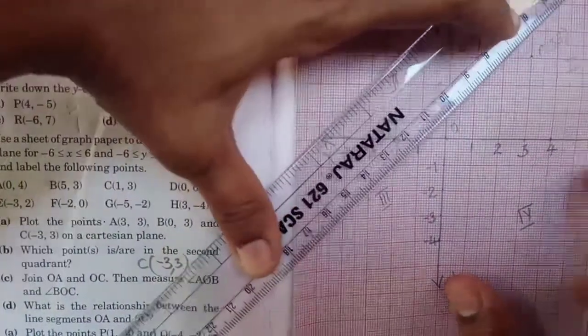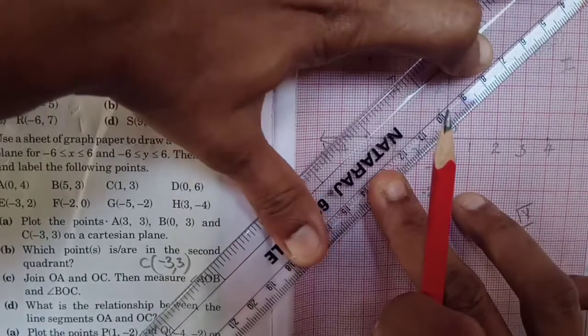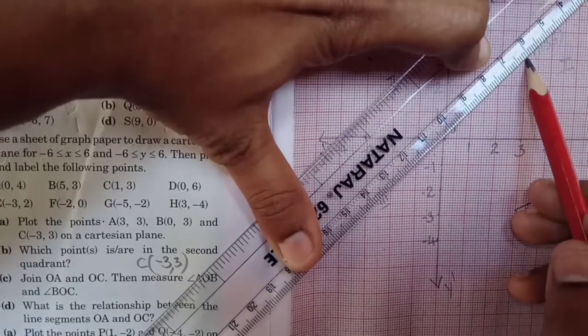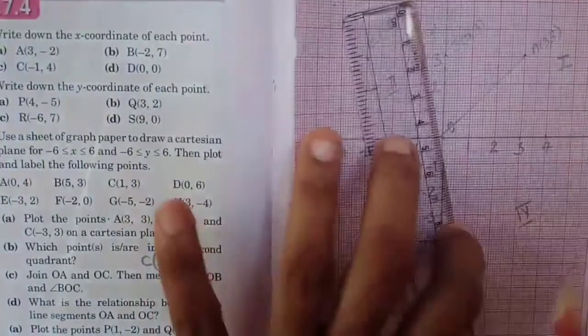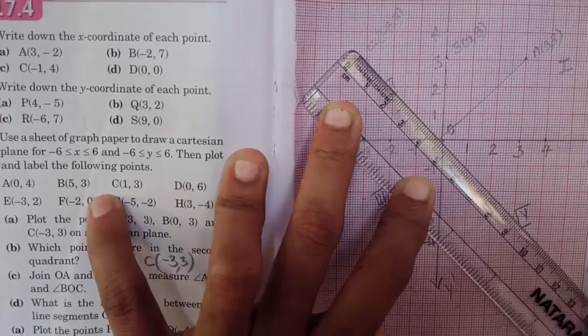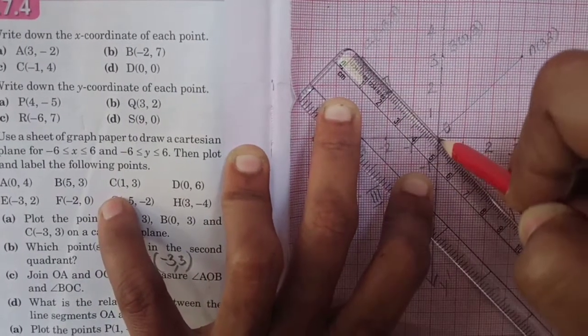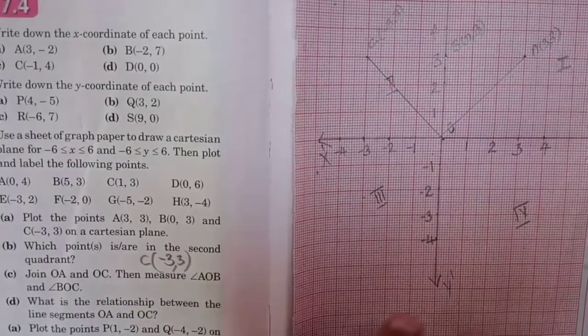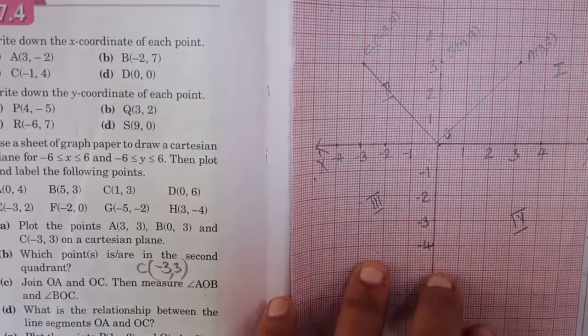Then option C, join OA and OC using a ruler. OA, then OC. Then measure angle AOB and angle BOC.